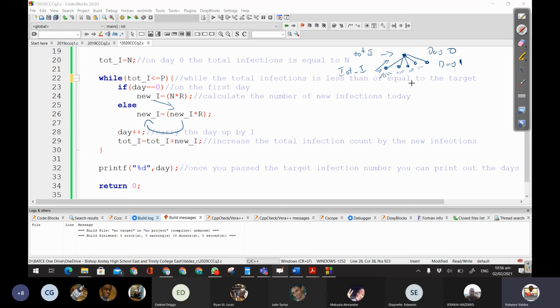You understand where I'm coming from? That's why I made the distinction here. On the first day, only the original person counts, but on the second day, you have to consider all of the new people who were infected as a result of that original person. So the first day is kind of special in this case.